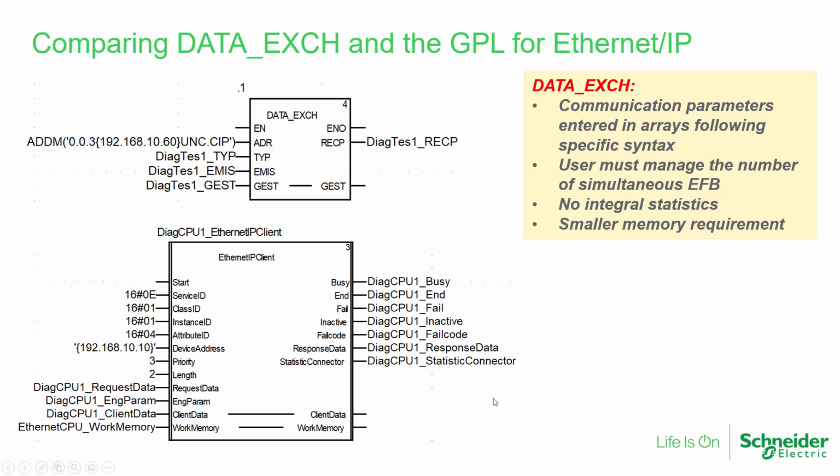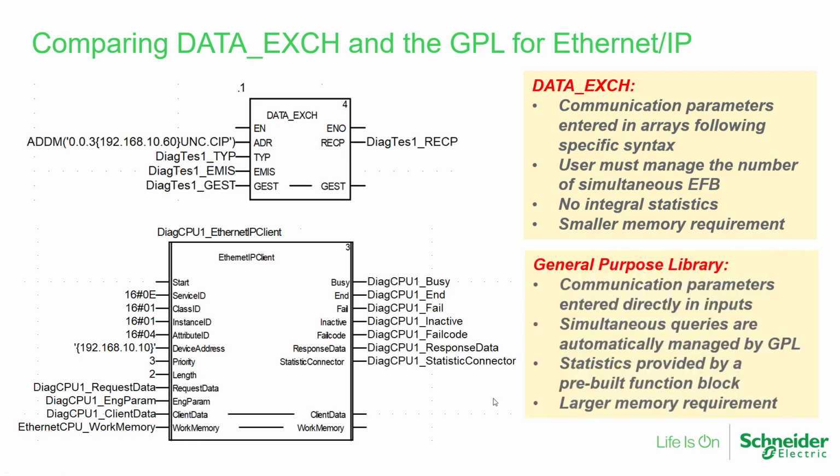As for the GPL function block, one big advantage is that the communication parameters are entered directly as values in four of the inputs, such as the service ID, class, instance, and attribute. Also, there is a port profile function block that is going to take on the responsibility of managing how many simultaneous queries are being sent out the communication port, so there's less of a need for custom logic to be added to control how the function blocks are being triggered.